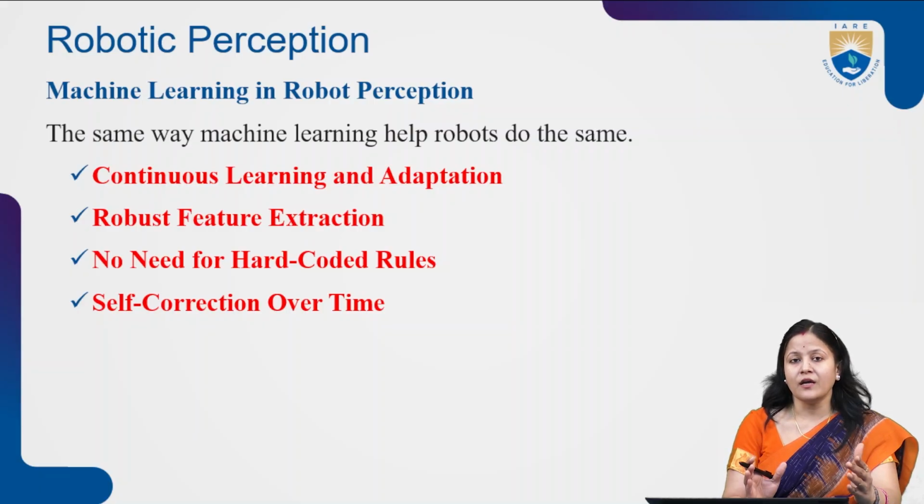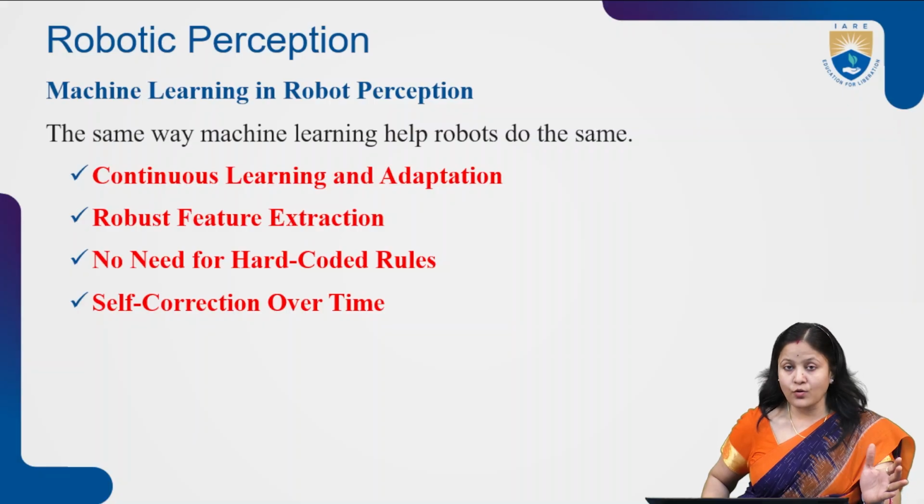Once the learning model is trained, coding is not required next time. Automatically it can learn the pattern from the data and it will be adaptable to do prediction, classification, or clustering, and self-correction over time. The machine learning algorithm has the capability to update or correct itself over time.